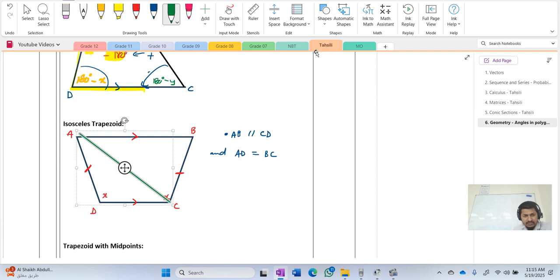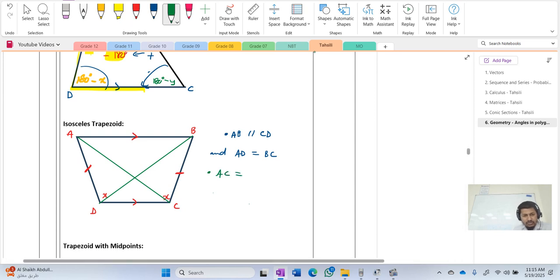So the diagonals are the same also. We know that AC is equal to BD, equal diagonals. So you need to look at the symmetry of these things.